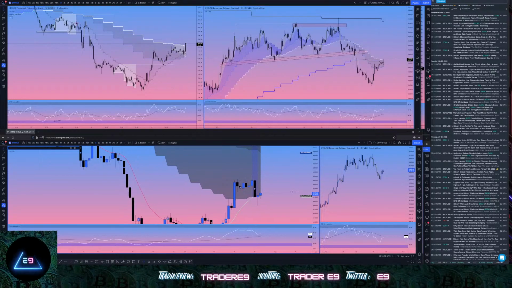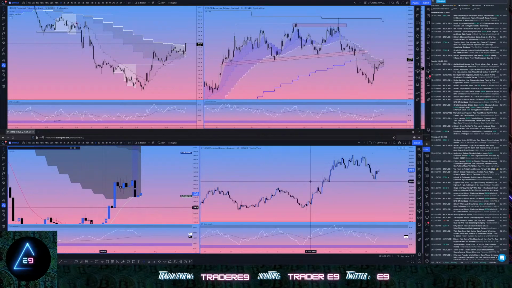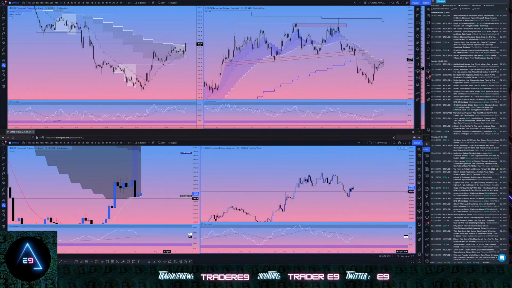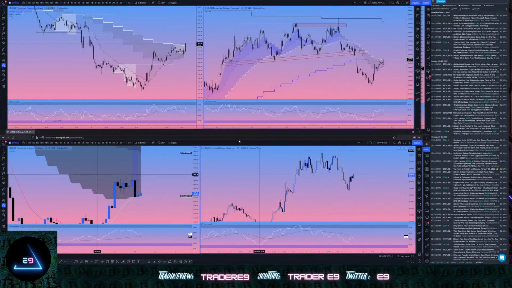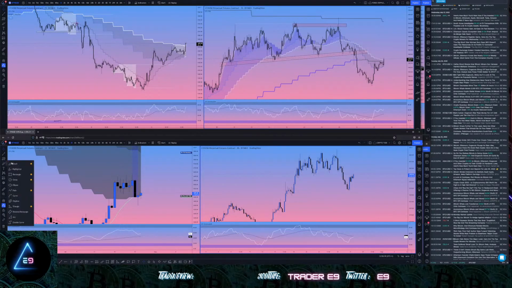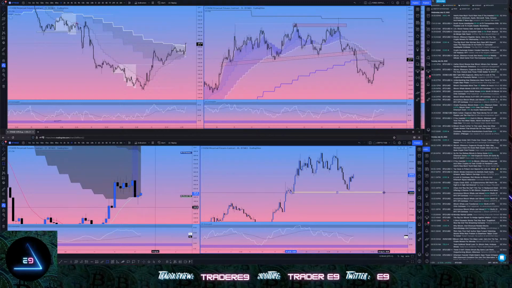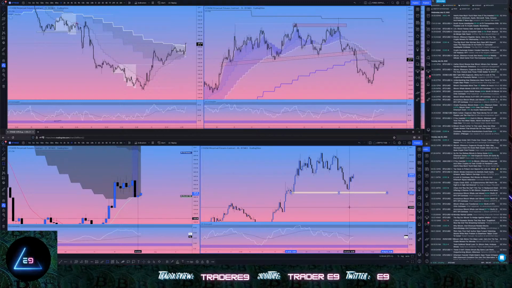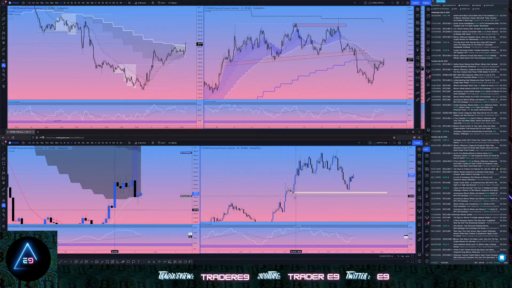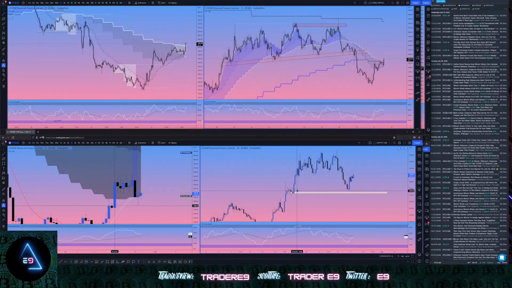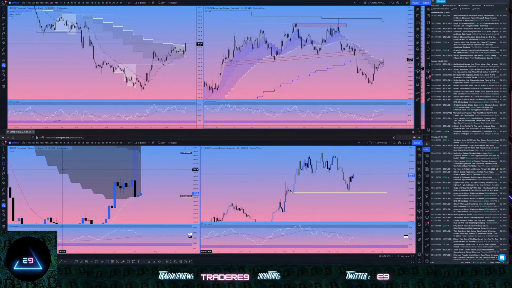So looking at the 4 hour, it's looking nice. The last area that we were touching on was around here. Oh man, we haven't even made it down there. Interesting. But on the daily, we did make it back down there.